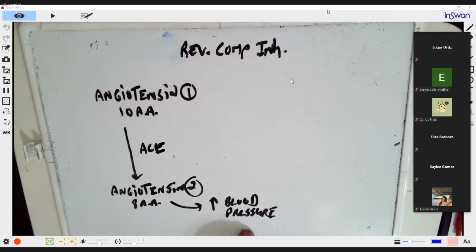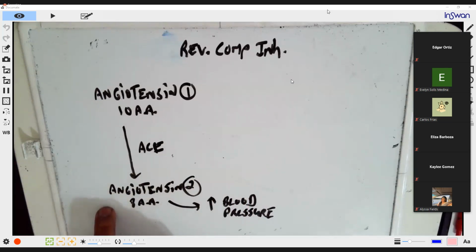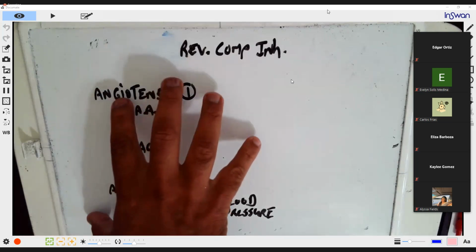Looking at this scenario, what causes high blood pressure here? What could you block to reduce your high blood pressure? Exercise? No, here, just on this reaction.